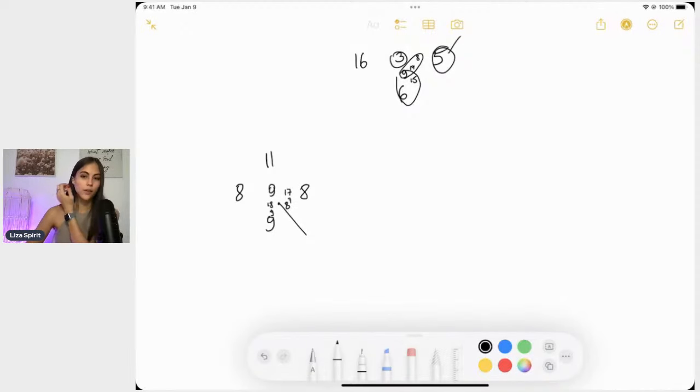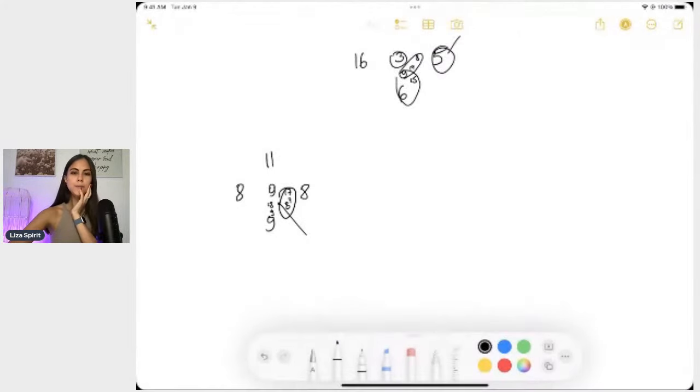I hope I got it right. Let me double check quickly. Let me know if your chart looks a little bit different. So for the money, we have 17, 7, and 8.